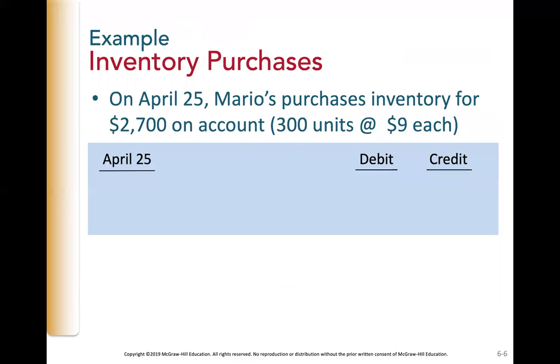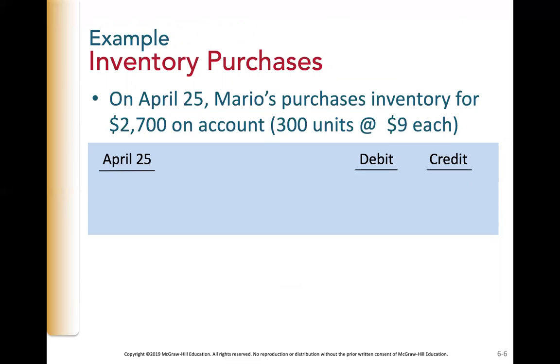So this is just a refresher of things we've covered before. On April 25th, Mario purchases inventory for $2,700 on account, 300 units at $9 each. So what are the 2 accounts that we need to use to record this transaction? Well, we know on account means he did not pay cash for it, so he owes the company money.